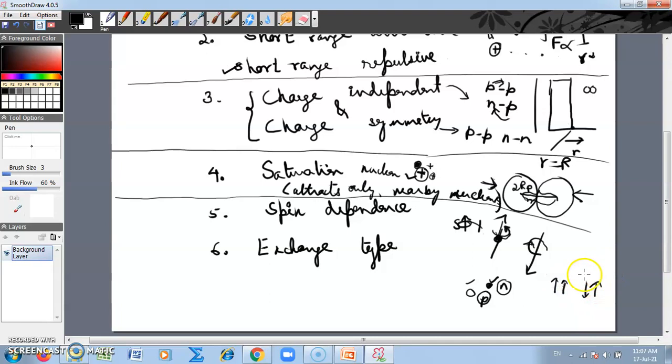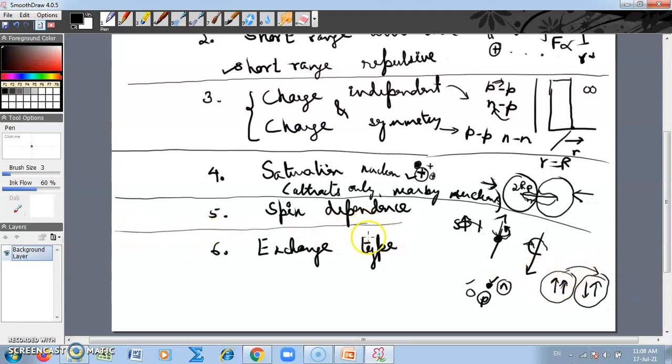In this case the total spin of the whole nucleus will be different, and so the forces will also be different, which we'll learn later on. So this is spin dependence. The force not only depends upon the particle, it also depends on the spin, because spin is just a quantum number, and quantum numbers determine the state of particles. That's why that is the spin dependence of nuclear forces.